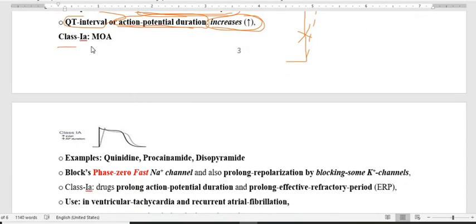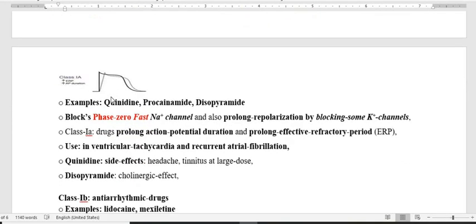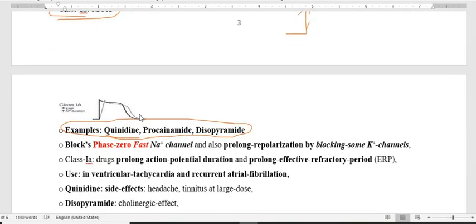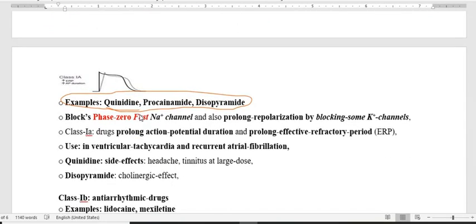First we have to go through the class 1A antiarrhythmic drugs, which include quinidine, procainamide, and disopyramide.